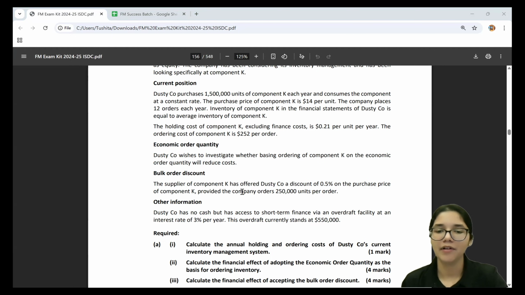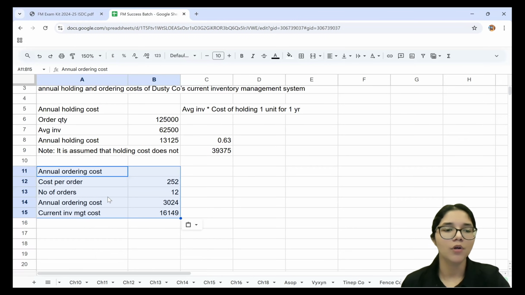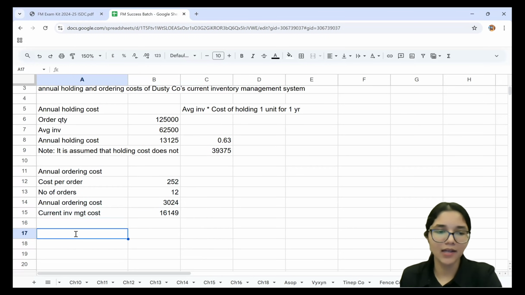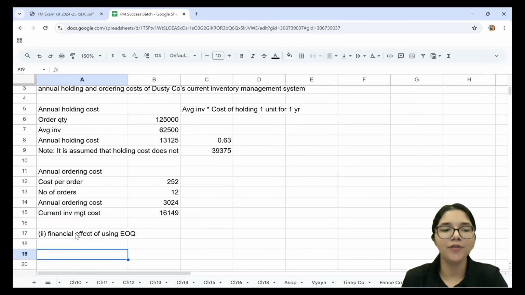Okay, right. Now proceeding towards the second requirement, which wants you to discuss the financial effect of adopting the economic order quantity. So the second part is the financial effect of using EOQ. Now here, the very first step would be, guys, what do I do when I want to use EOQ in my Dusty company?